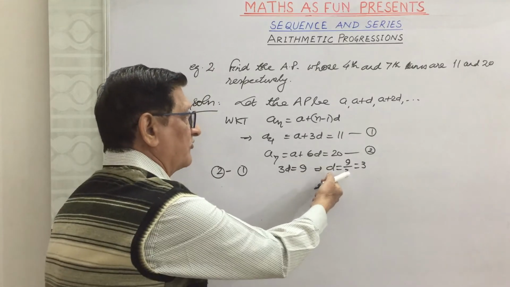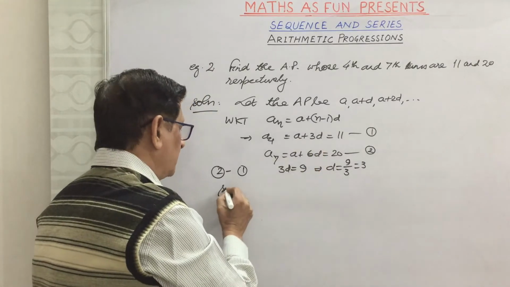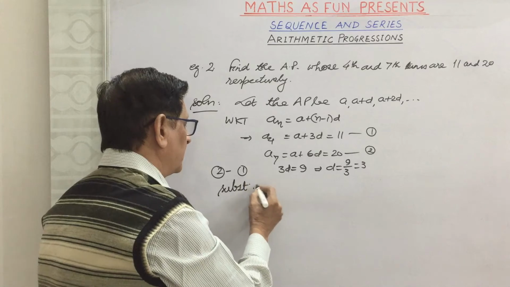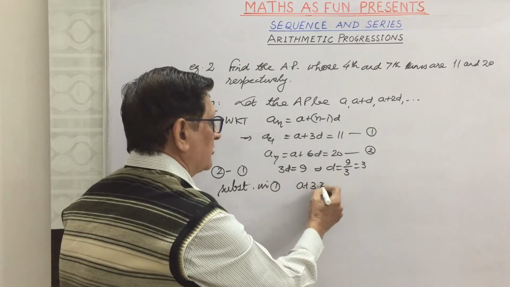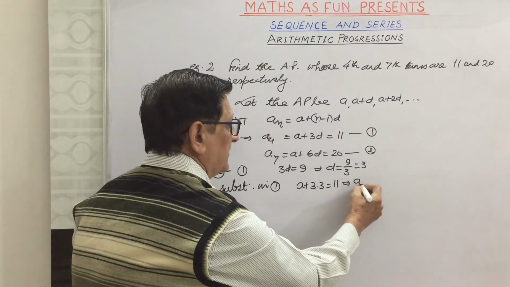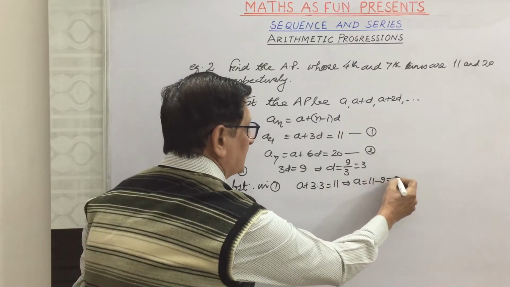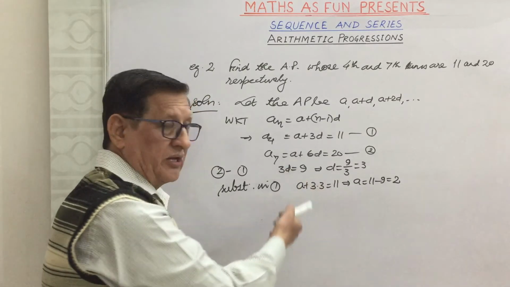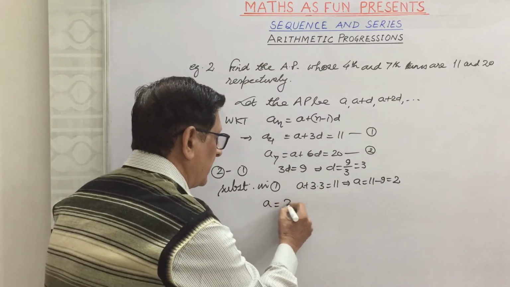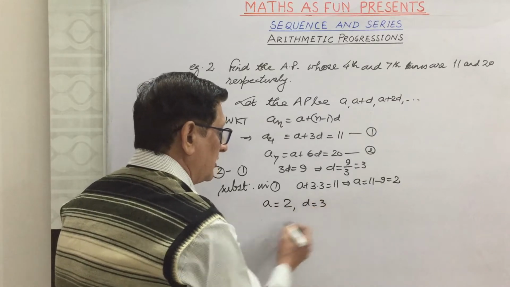After finding the value of D, we can substitute that in 1. So we write, substituting in 1, we will get A plus 3 into 3 equal to 11. It means A equals 11 minus 9, which is 2. Now after finding the values of A and D, we can write here A is 2, D is 3.